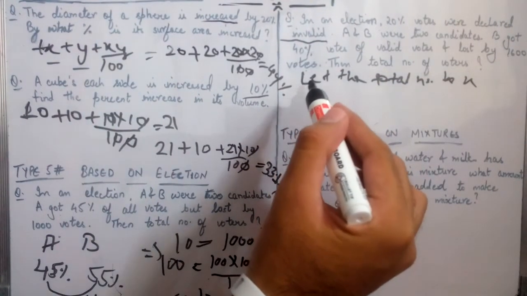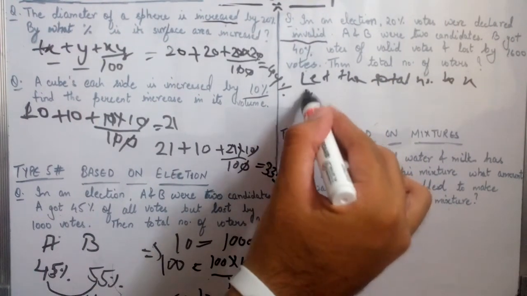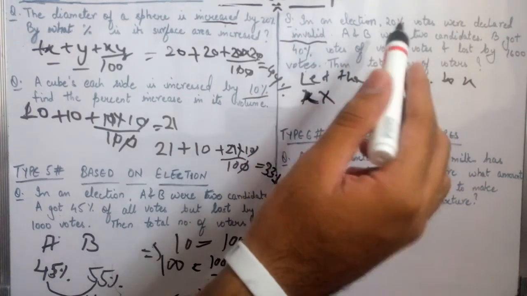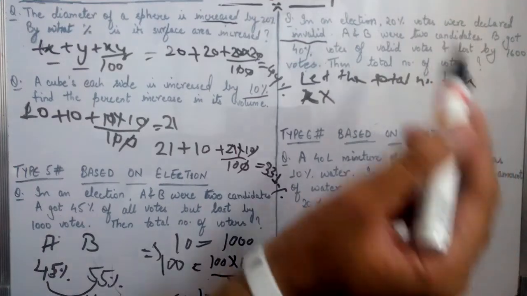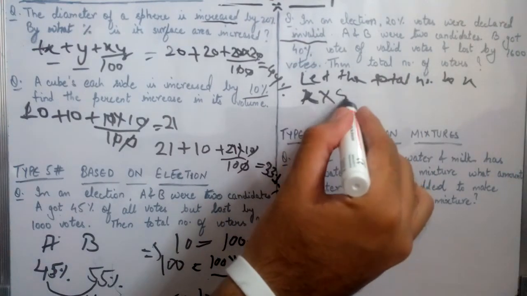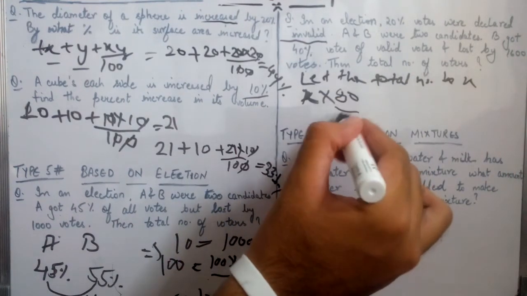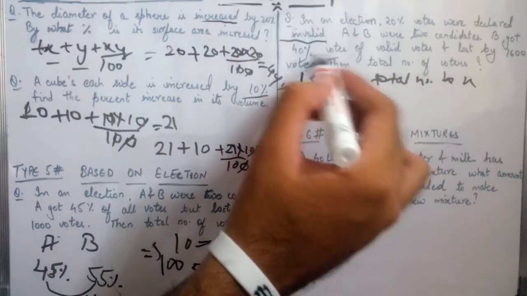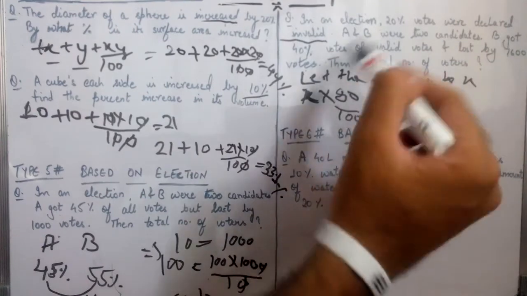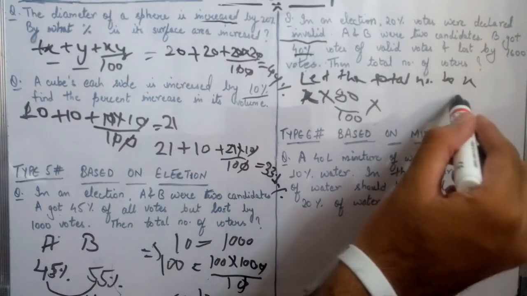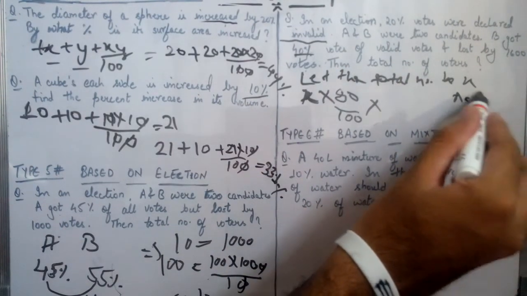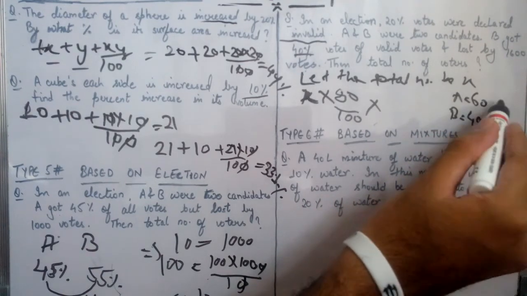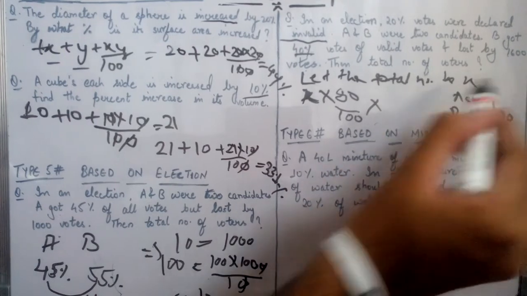So x into the 20%. If 20% votes are invalid, then 100 minus 20, that is 80, so 80% votes will be valid. 80 upon 100 into, now it is given that B got 40%, so A would be getting 60%. 60 minus 40 is 20.